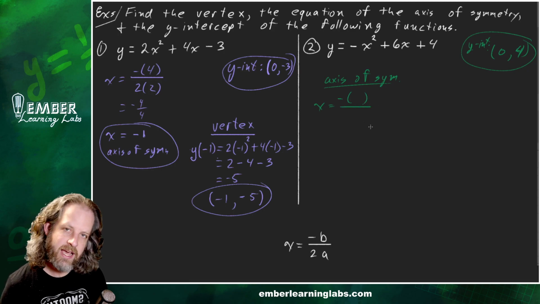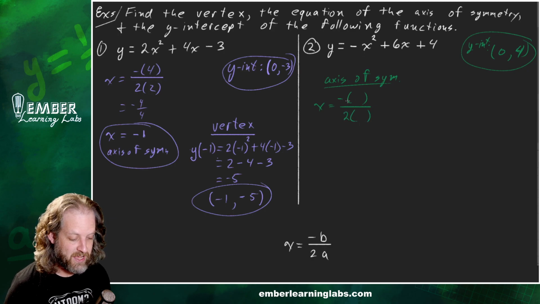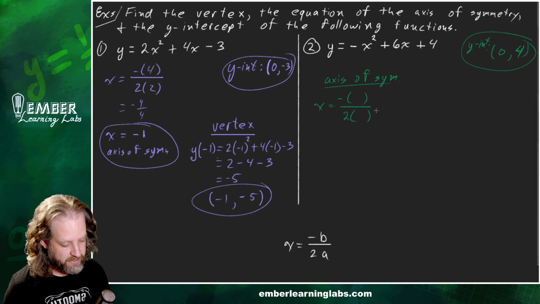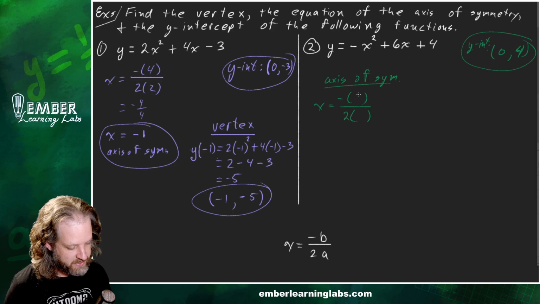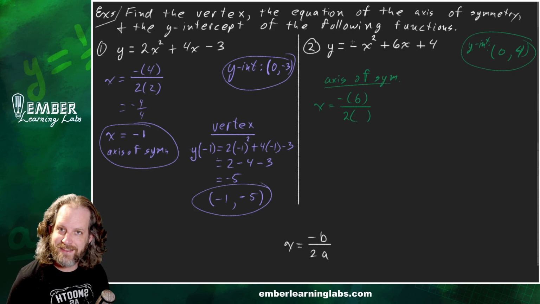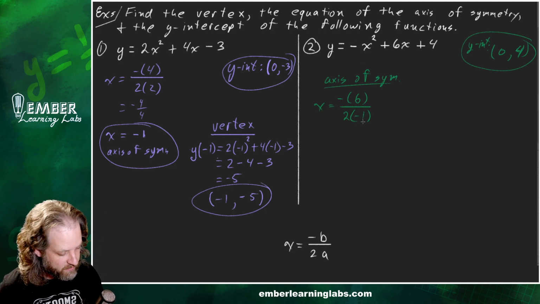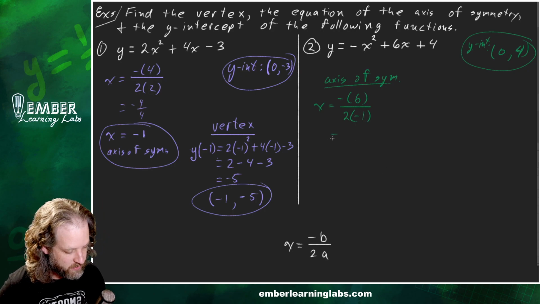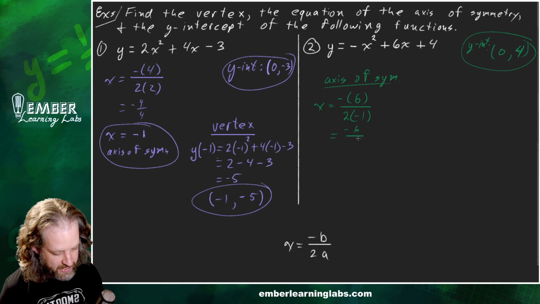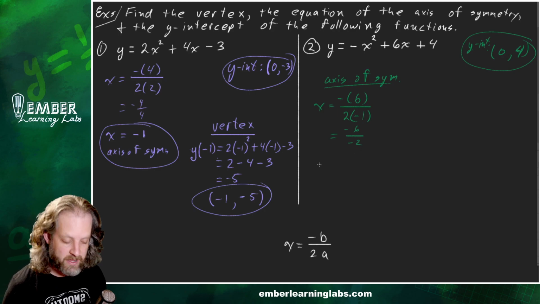It's important that we do that so we remember to watch for negative, negative. So our b in this case is 6, and our a is, oh, there's nothing there. If there's nothing there, it's a 1. So negative 6 over negative 2. Negative 6 divided by negative 2 is positive 3.